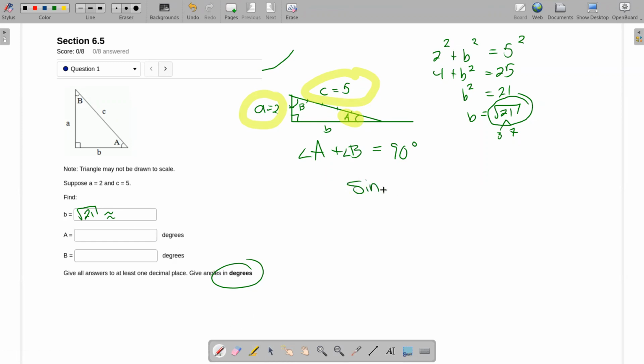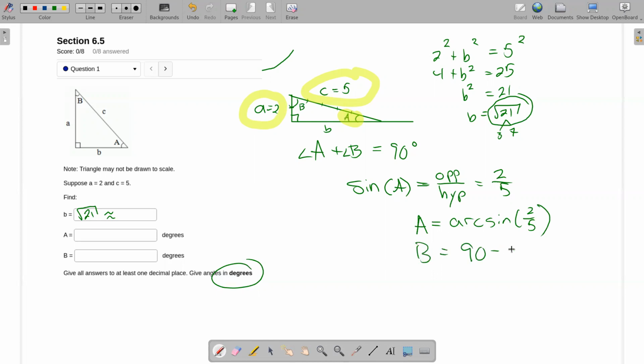So I know that the sine of angle A is opposite over hypotenuse, which is the given values 2 over 5. So now I can find A just by using the inverse sine or arcsine. Angle A has to be the arcsine of 2/5. And to get angle B, I just subtract angle A from 90. So angle B will be 90 minus angle A, or 90 minus the arcsine.